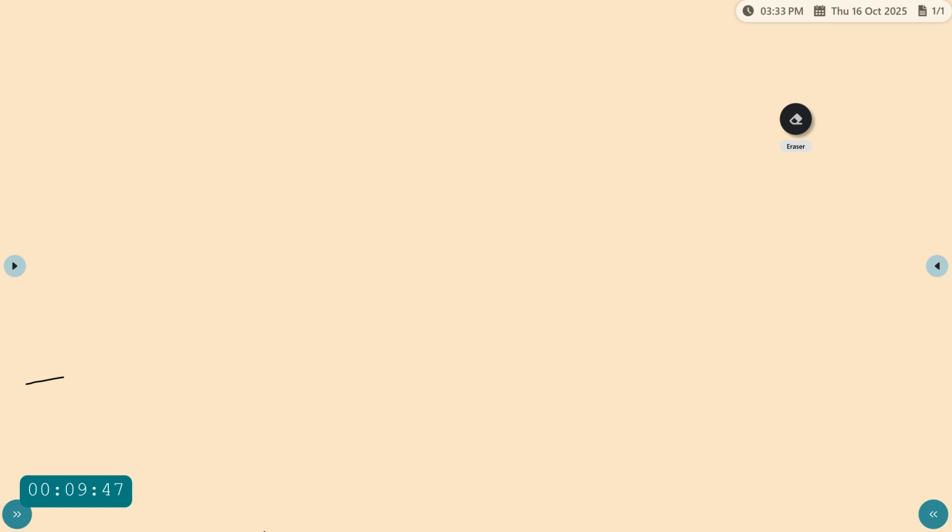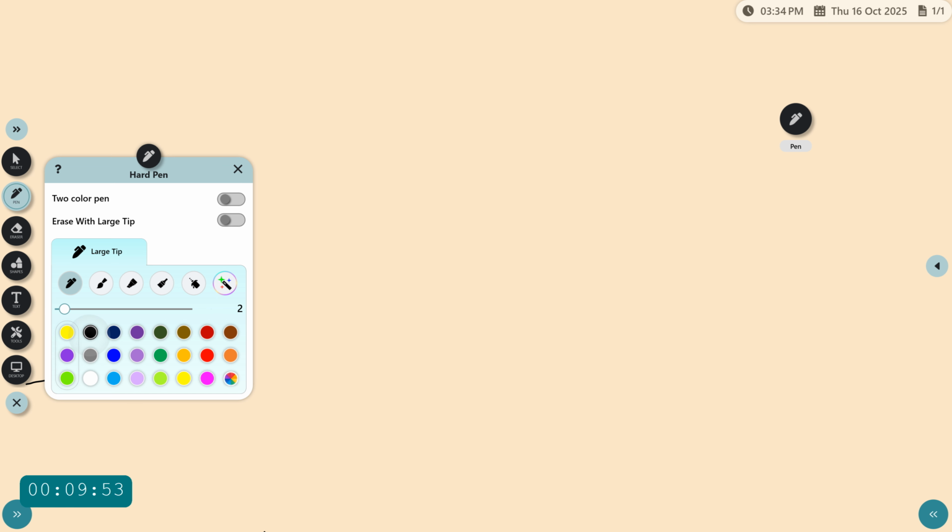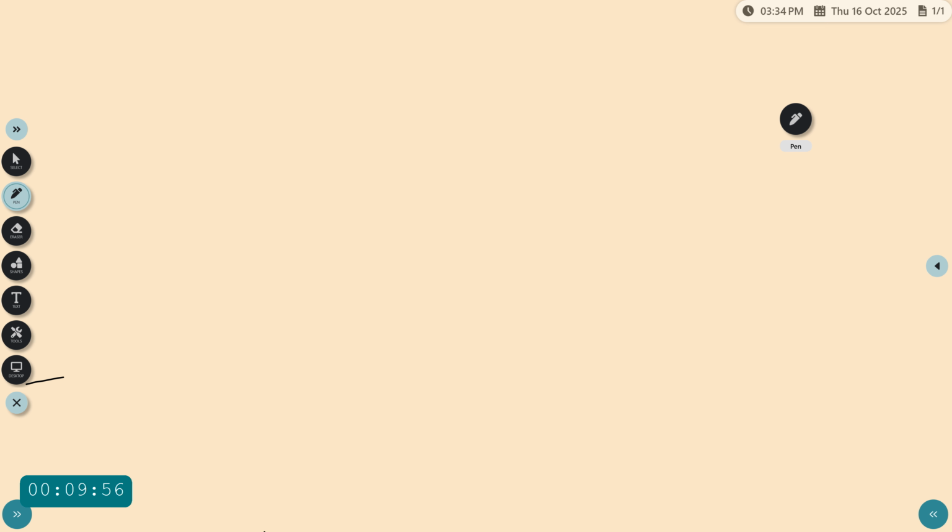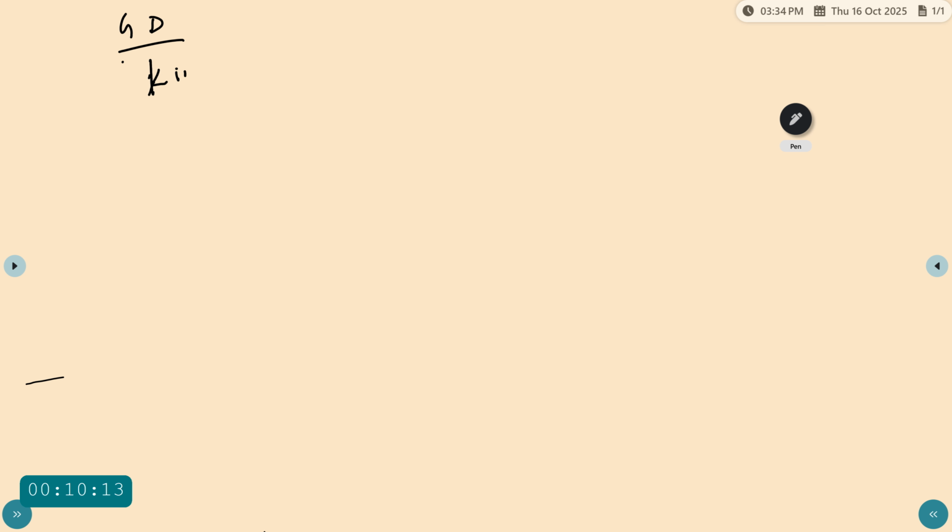Given data in this problem: kinematic viscosity and specific gravity. I take kinematic viscosity as the symbol KV, with suffix V for better understanding.